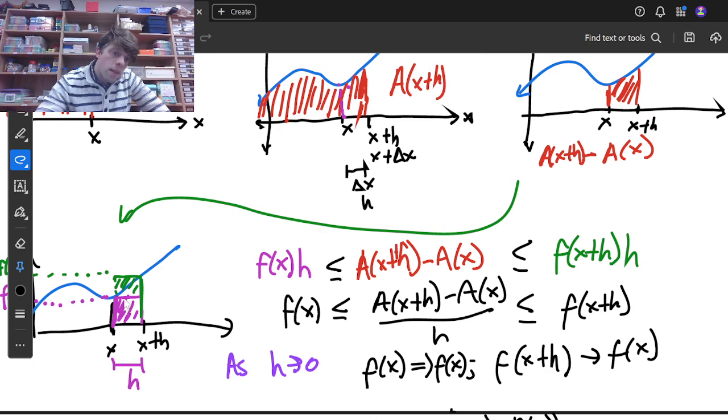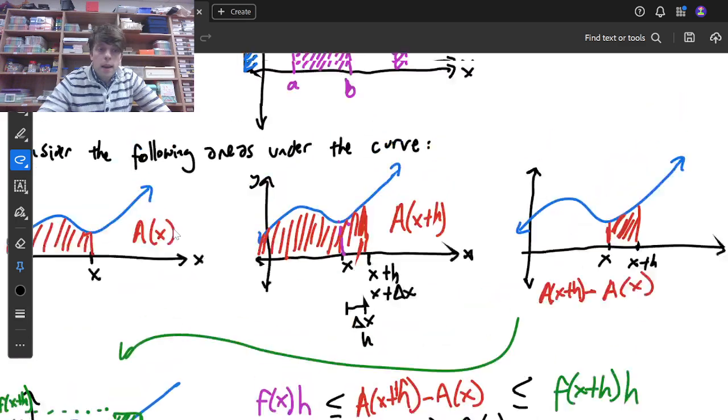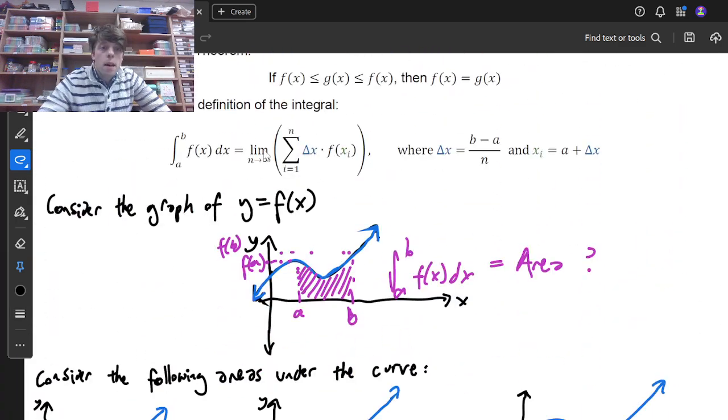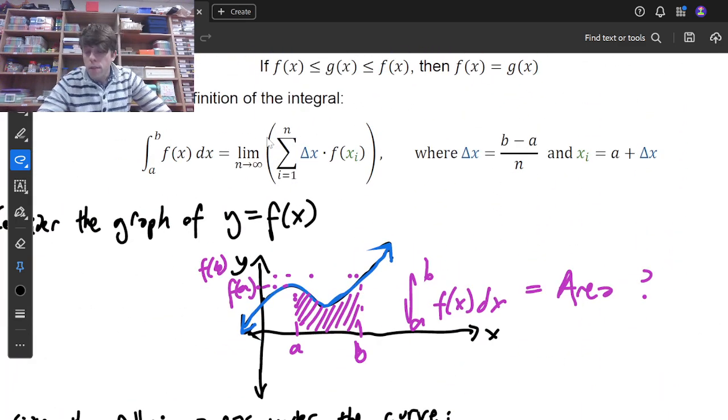And if we approximated that as a whole bunch of rectangles that looked a little bit like these purple and green rectangles down here in the bottom left, and if we were to make the number of rectangles infinite, then we're going to get the area under the curve, which, as we can see, is the integral.